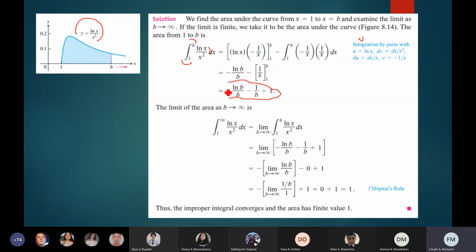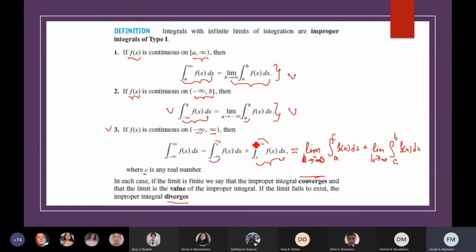Okay, guys, when our interval is finite, then we can find the area of this object. But our aim is to find the area when we let b approach infinity, yeah? So it means that we want to find the integral of this function, guys. And to find the integral of this function, what do we need to do? We need to write the definition first.